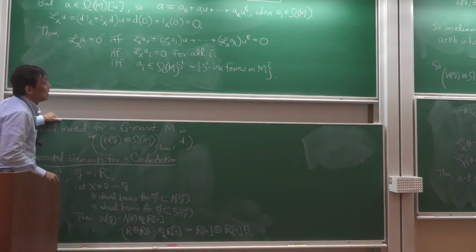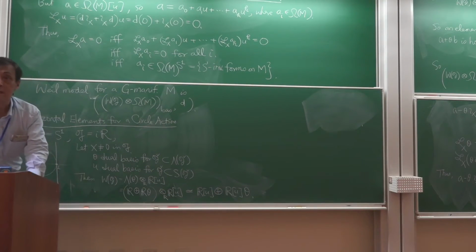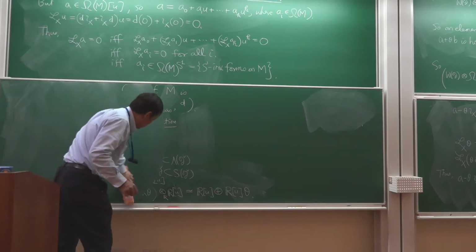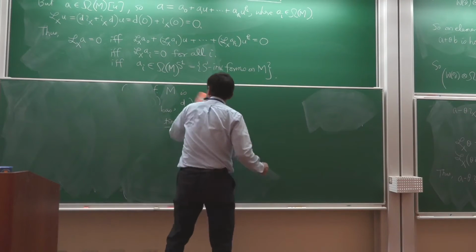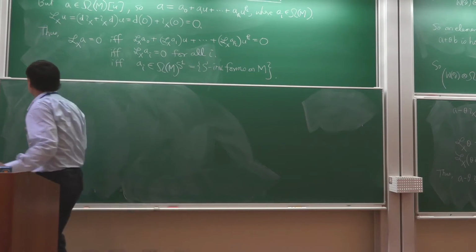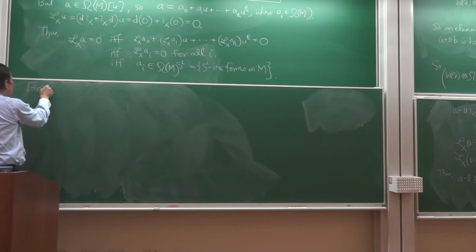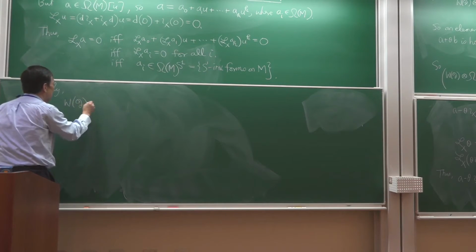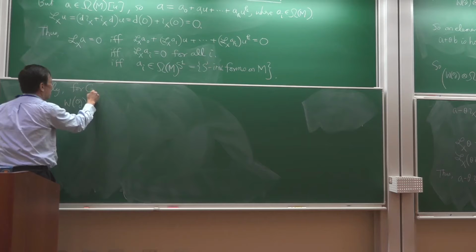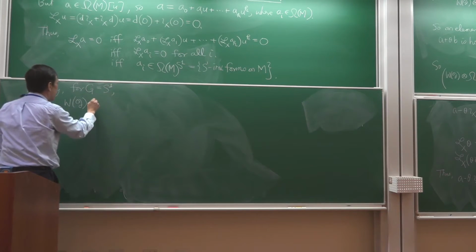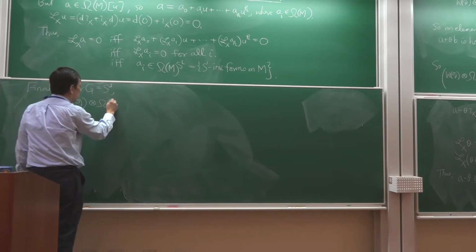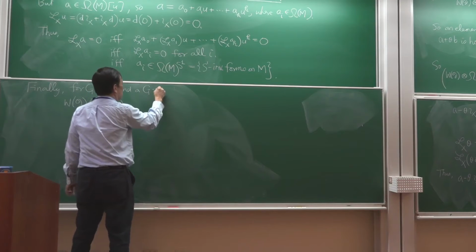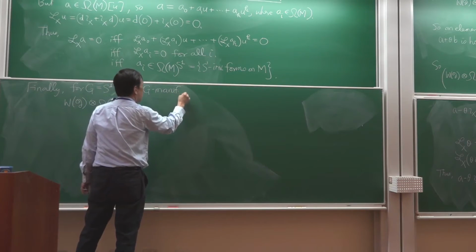So finally, now we have a description of the basic elements in the Weil model. So W_G for a circle action, W_G tensor omega M, and a G manifold.